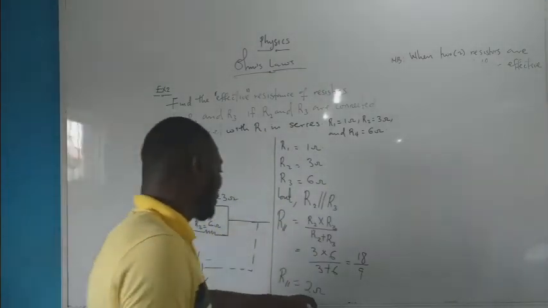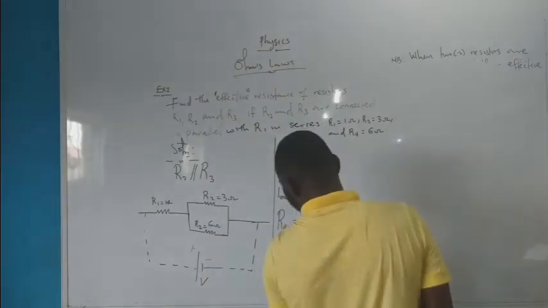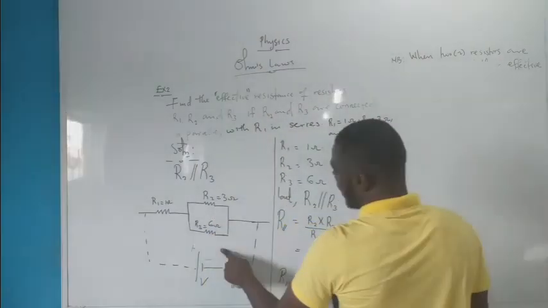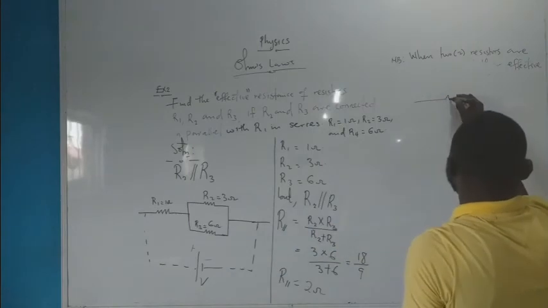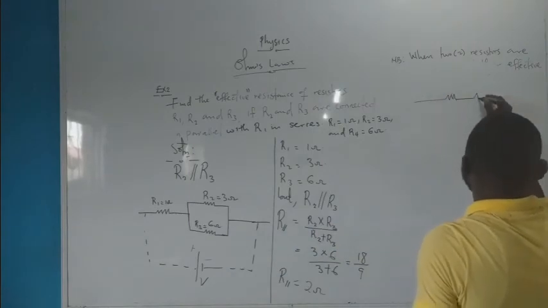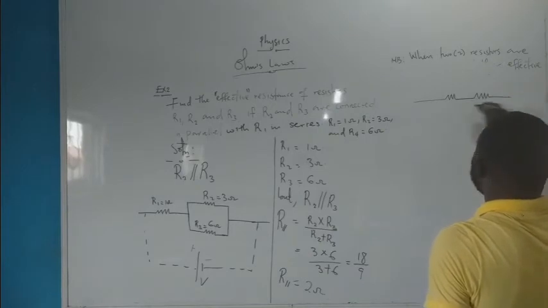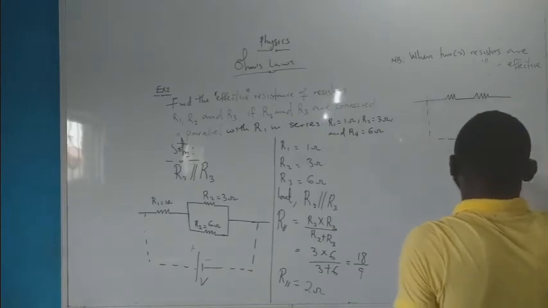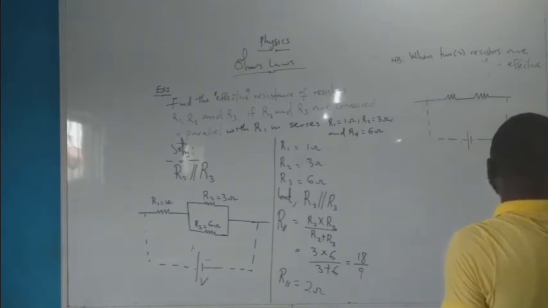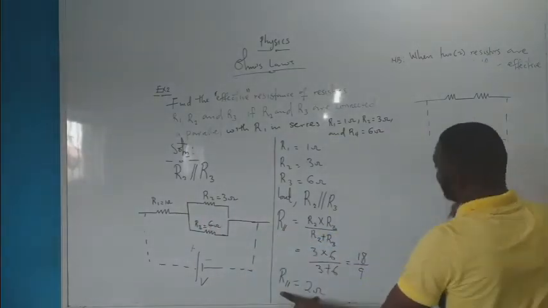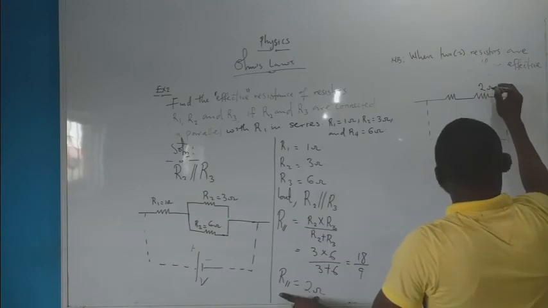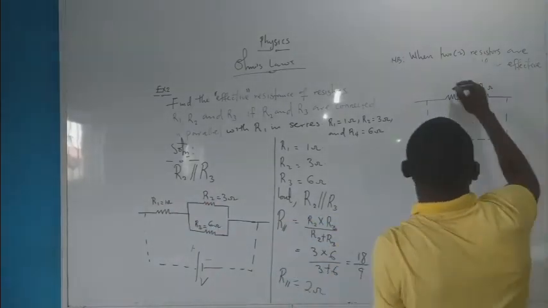The total resistance in parallel is this, so you can redraw the circuit diagram. This has already been resolved to 2 ohms, while this is 1 ohm.